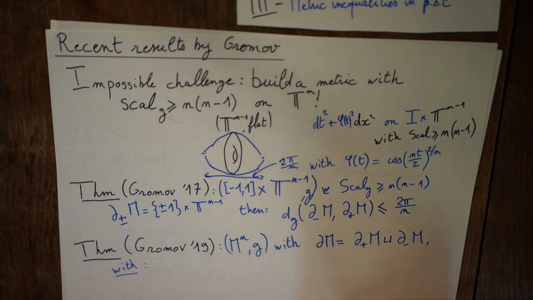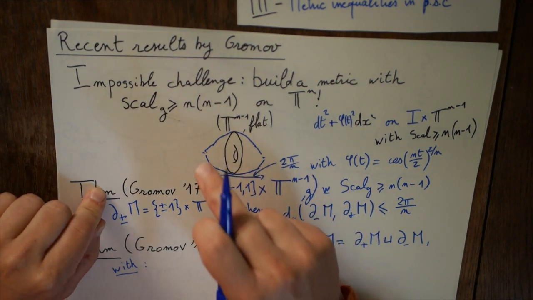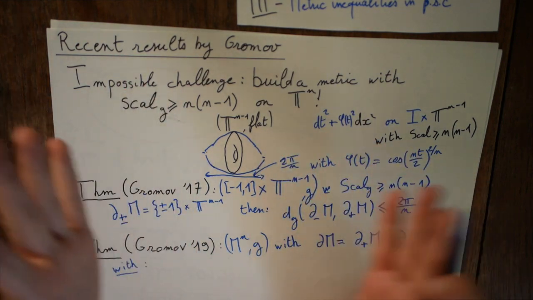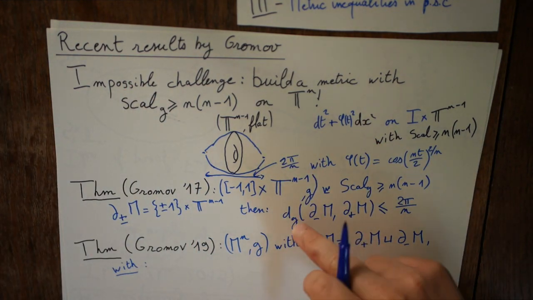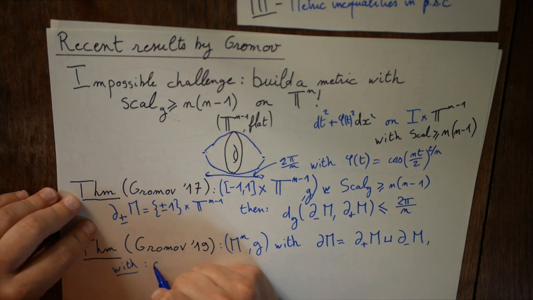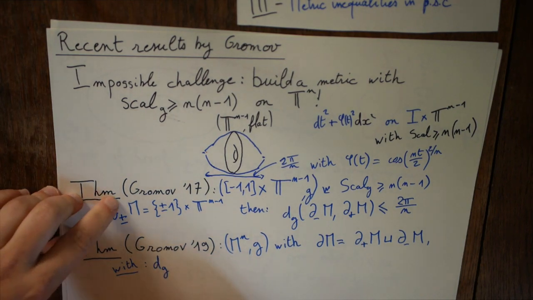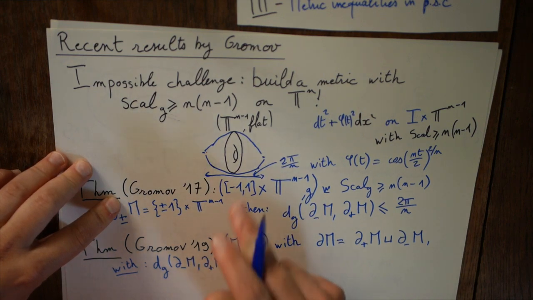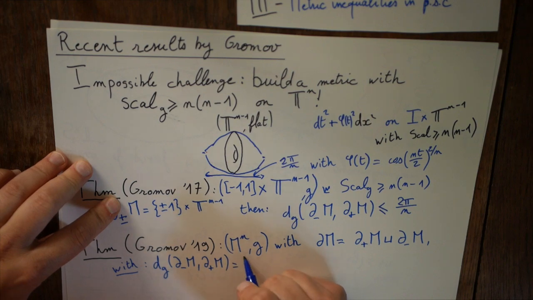First, we will assume that we are in the case where this width, which Gromov called some kind of width, is assumed to achieve the bound, so the distance is equal to 2 pi over n.